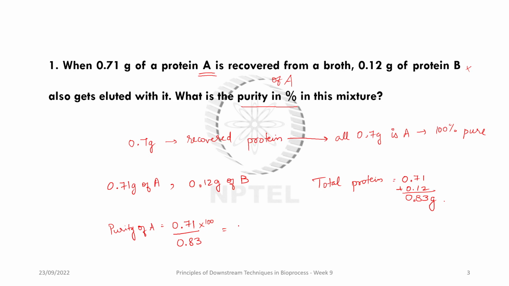So what would that be? 0.71 divided by 0.83. So that is 85.54%. Clear?